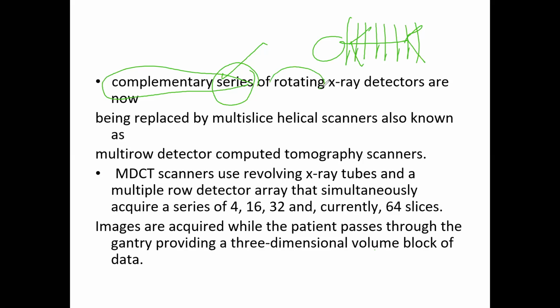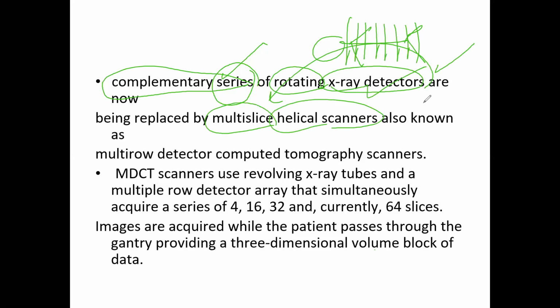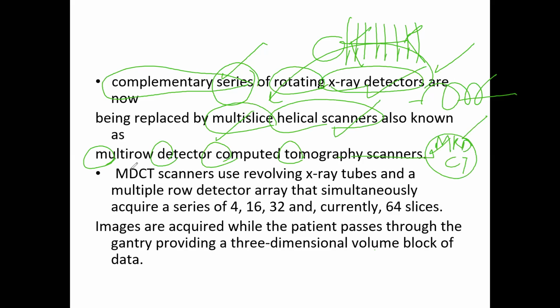You have a lot of X-ray detectors inside, and they are now replaced by multi-slice helical scanners. Multi-slice helical means helix, something like a cochlea. They are known as multi-row detector computerized tomography scanners.